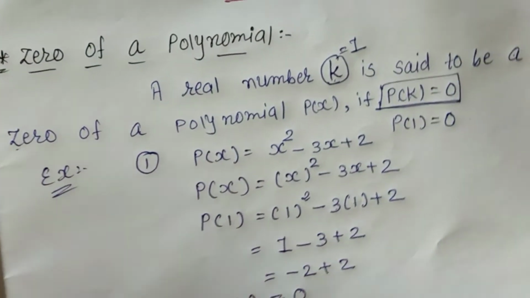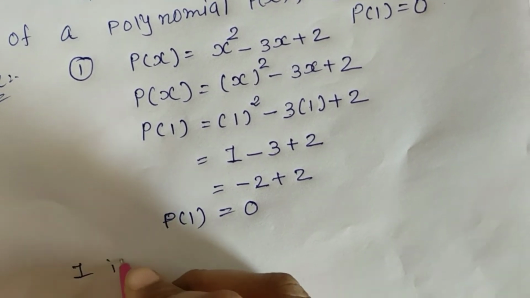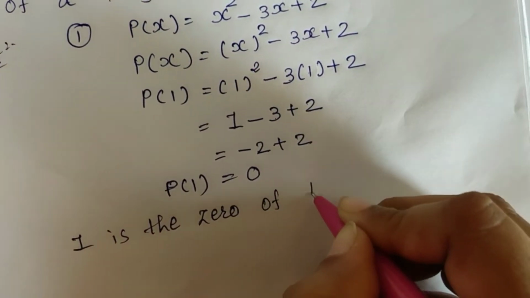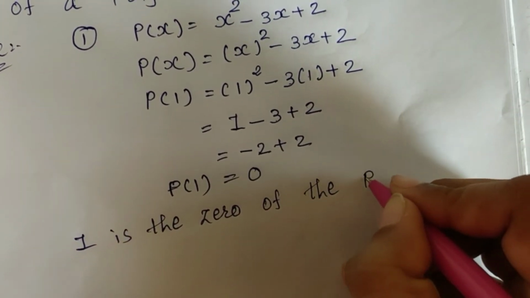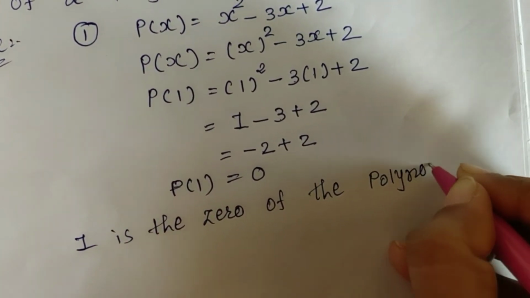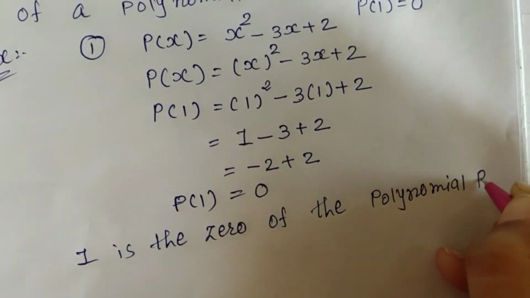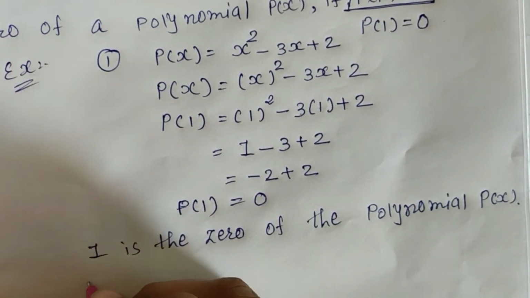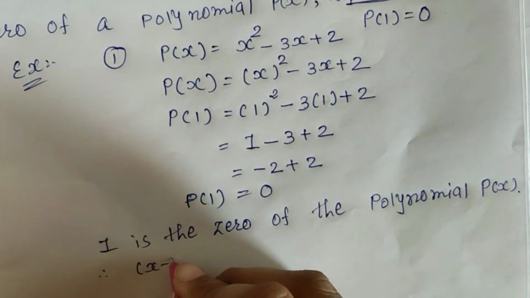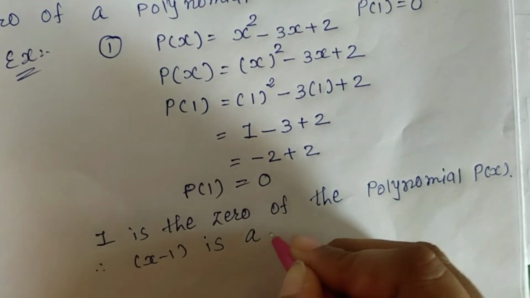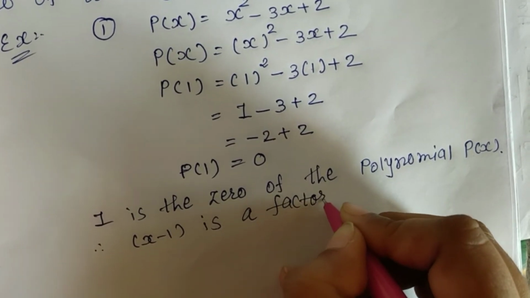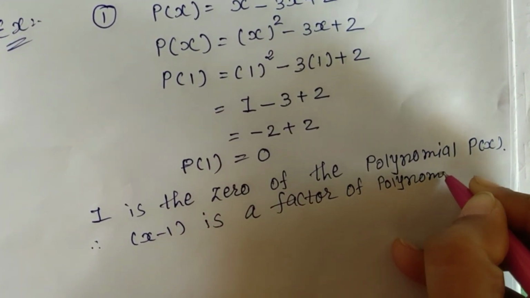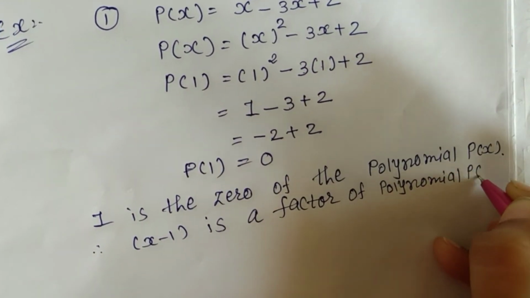So we can say that 1 is the zero of the polynomial p of x. Another thing we can say is, therefore x minus 1 is a factor of polynomial p of x.